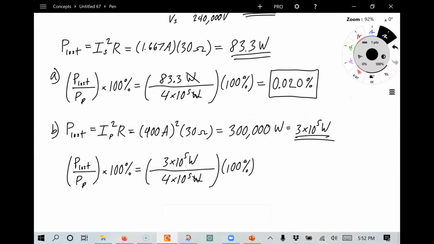Well, this one you can actually do in your head because this stuff's going to cancel out. And 3/4 is 0.75 times 100% gives us a ratio of 75%. So in this case, we lost 75% of the power generated at the plant due to heating of the transmission lines.